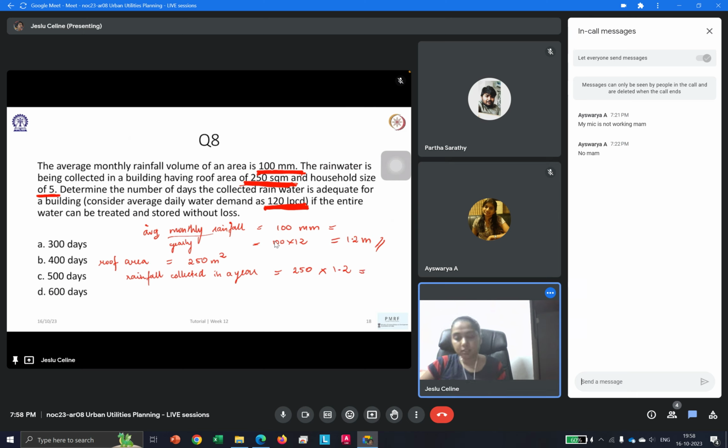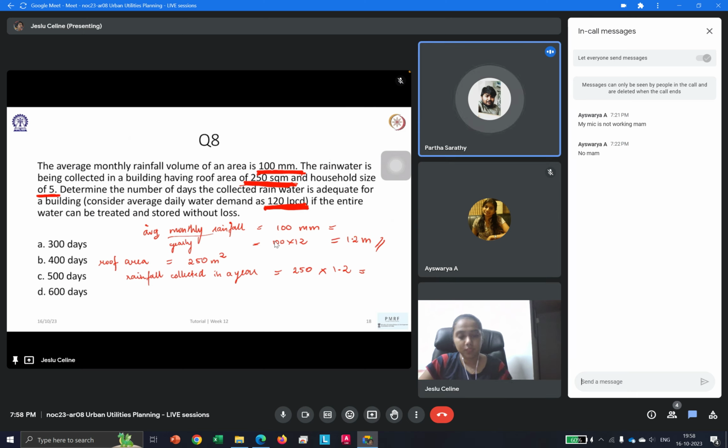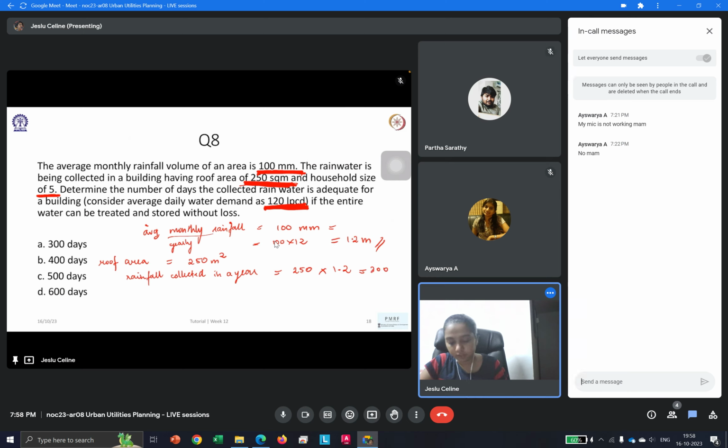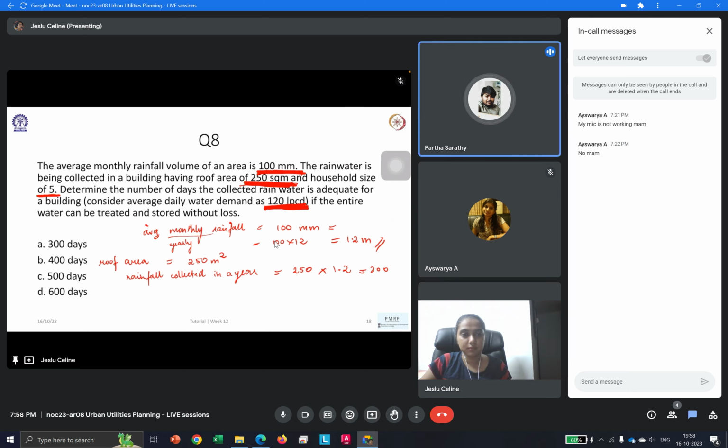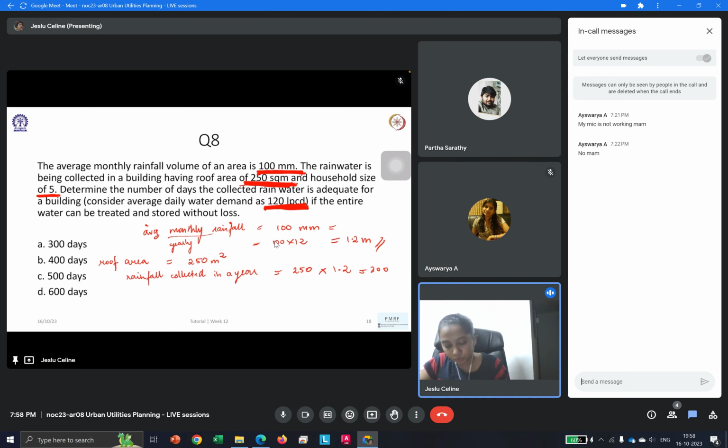How much is that? 300. 300 what? What is the unit? Meter cube. Yes, correct, meter cube.